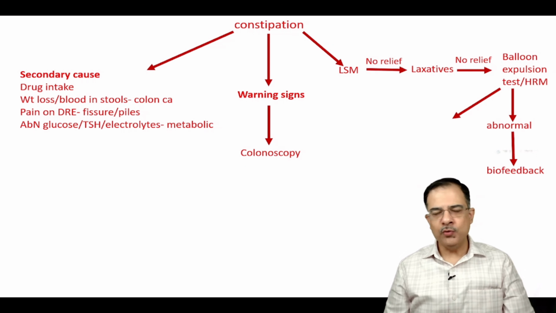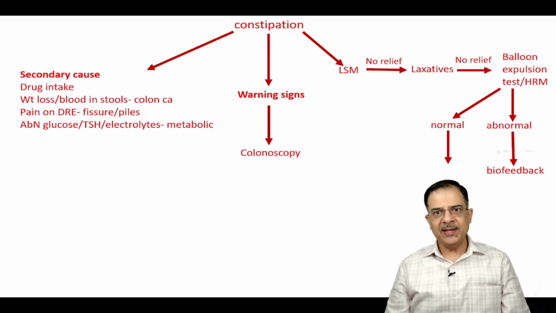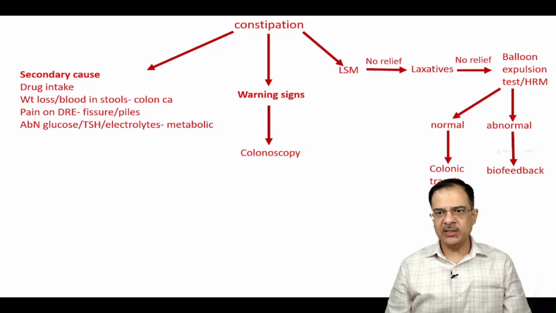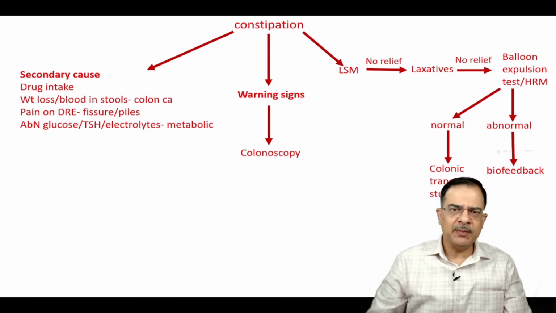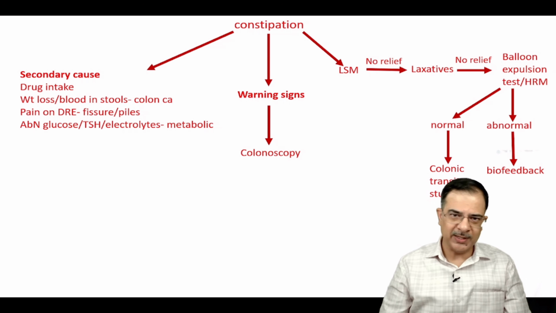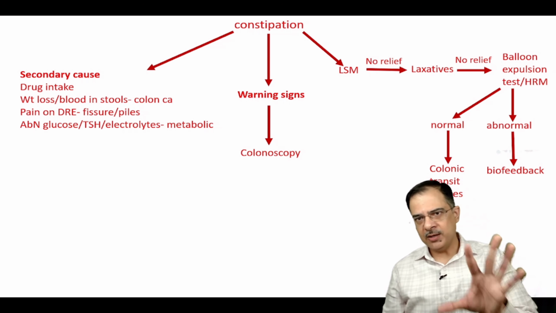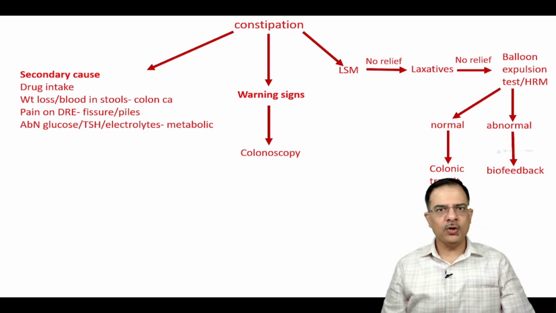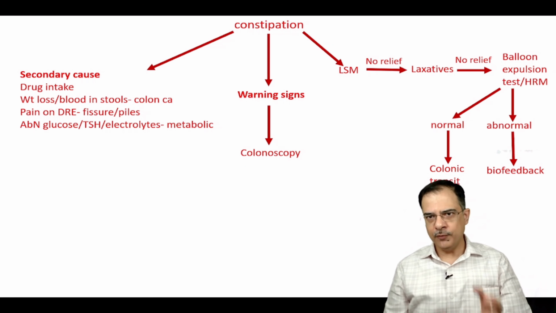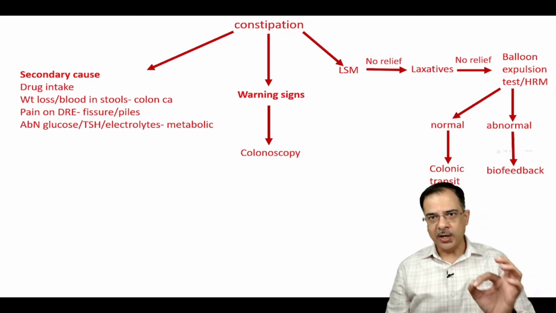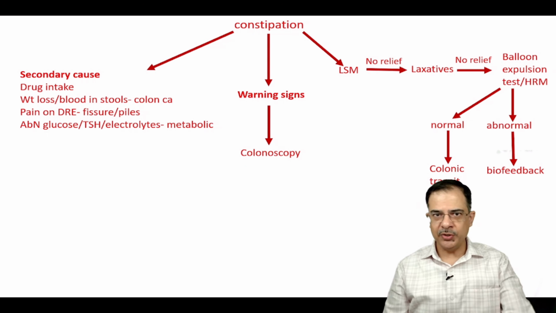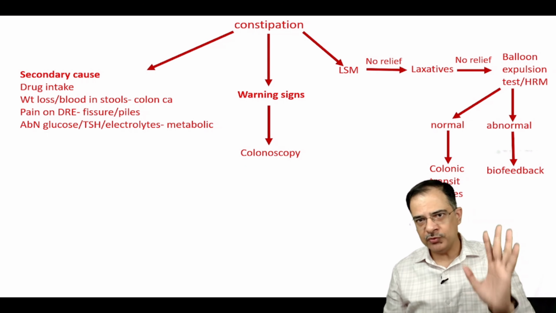If the balloon expulsion test or high resolution manometry is normal, then we go for colonic transit studies, or refer the patient to a gastroenterologist. So this is the flowchart for constipation, a simple, useful flowchart. 90% of cases you can manage with just this flowchart.